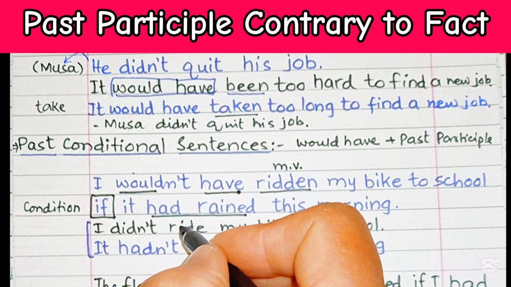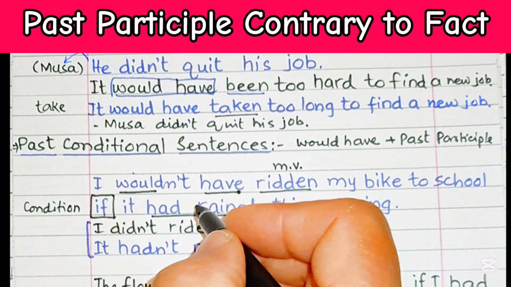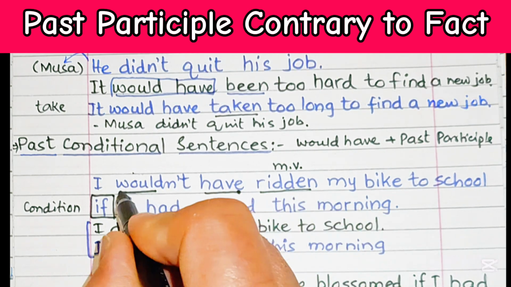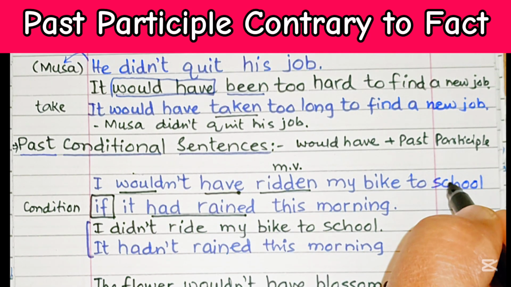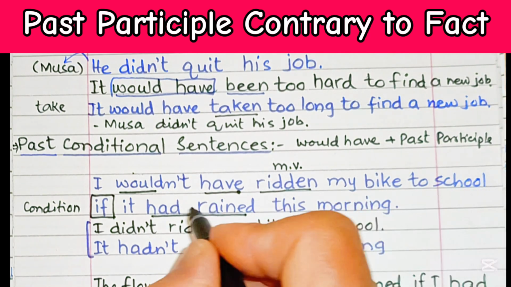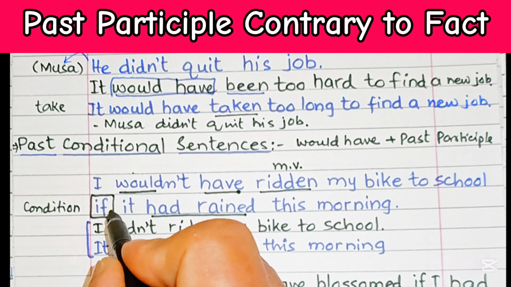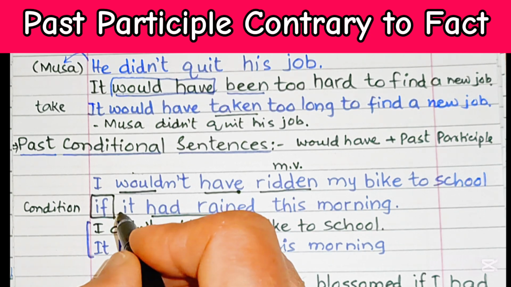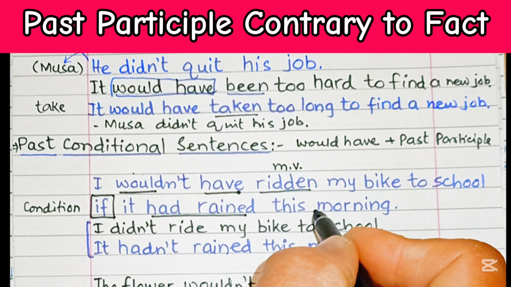This is in two parts. Here, I wouldn't have ridden my bike to school. This is the first part, and this actually did happen. I wouldn't have ridden my bike to school if it had rained this morning.